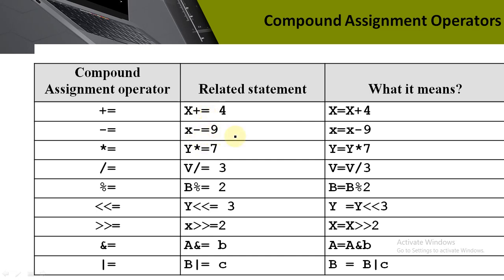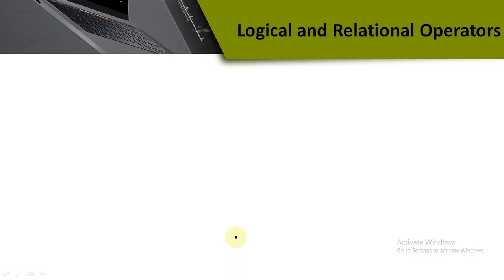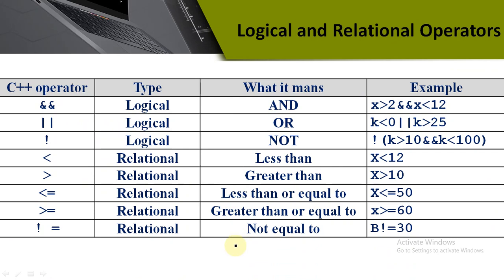So x minus equal to 9 means x equal to x minus 9. The previous value minus whatever is told over here. Previous value plus 4. So this kind of a rule is applicable for every other arithmetic statement or bit operator statement. Right. Compound assignment operators, once again.